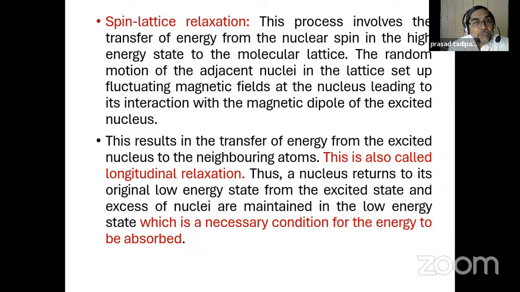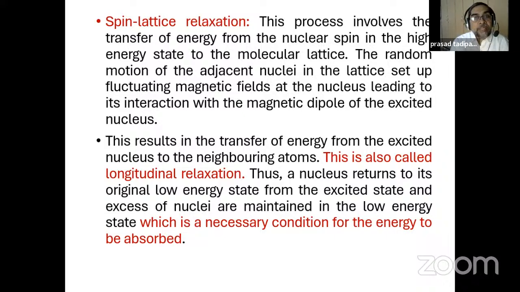So the random motion of adjacent nuclei in the lattice sets up a fluctuation in the magnetic field. So the magnetic field will be fluctuated because of the molecular random motion of the adjacent nuclei.